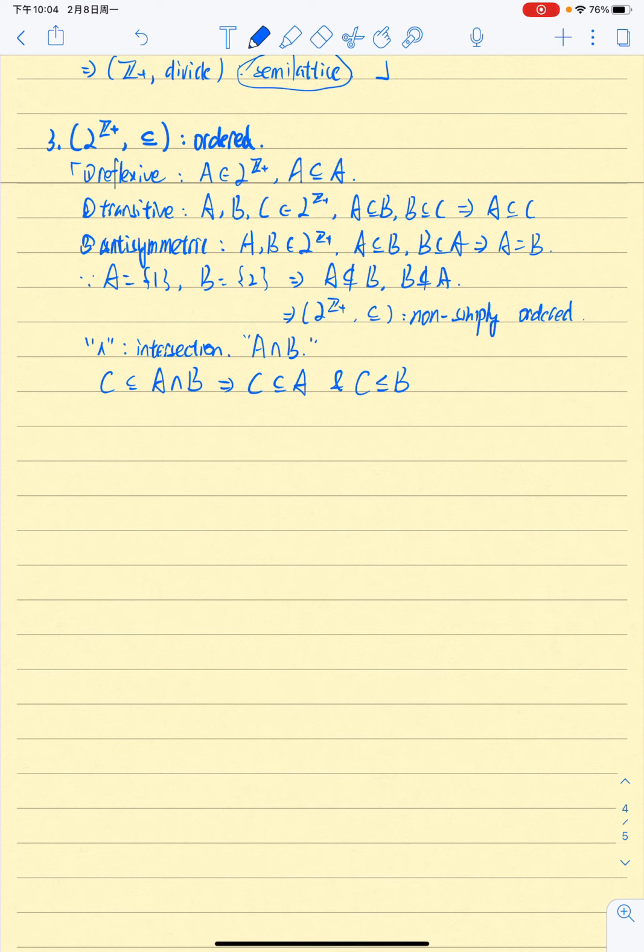And the inverse, can we get it? Yes, we can. So by this relation, the collection is actually a semi-lattice.